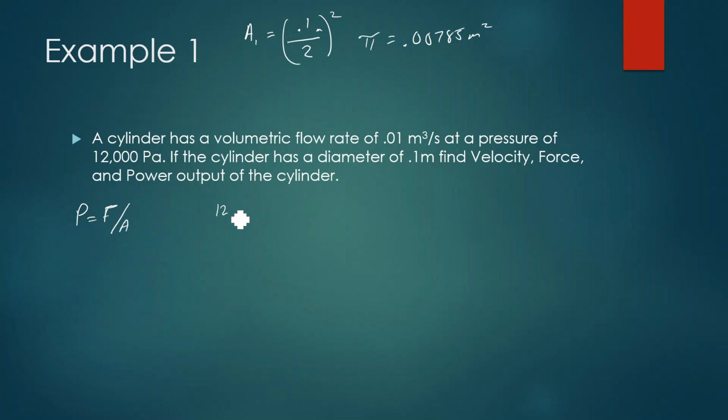So 12,000 pascals equals 12,000 newtons per meter squared. And then, of course, we multiply this by 0.00785 meter squared, and we get 94.2 newtons.